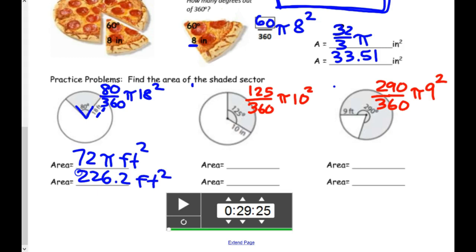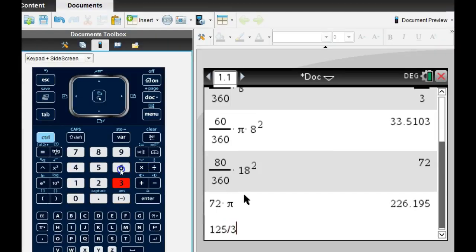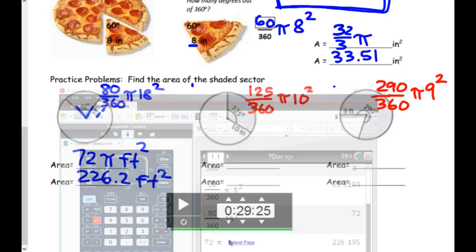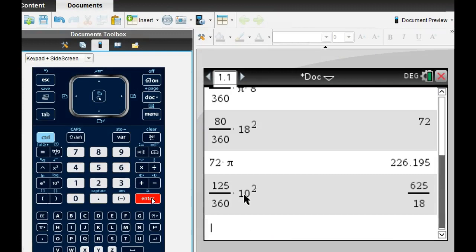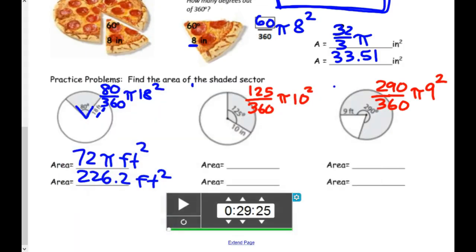All right, so let's do the next one. 125 over 360, 10 squared. Is it 10 squared? Yeah. Okay, 625 over 18. What do I put next to it?